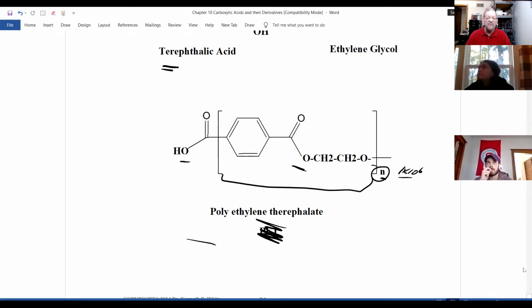It comes from ethylene glycol, so it's called polyethylene, and terephthalic acid, drop the ic in the word acid and add ate. So this is called polyethylene terephthalate.